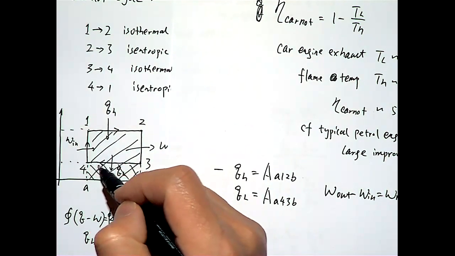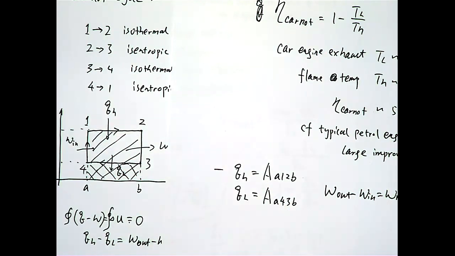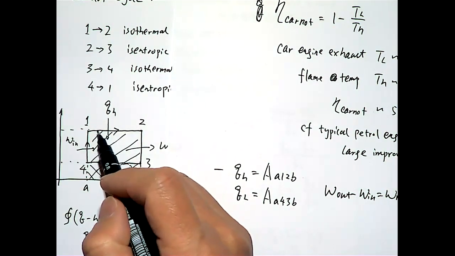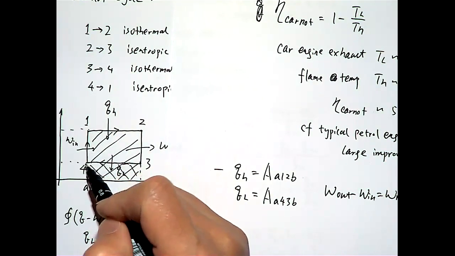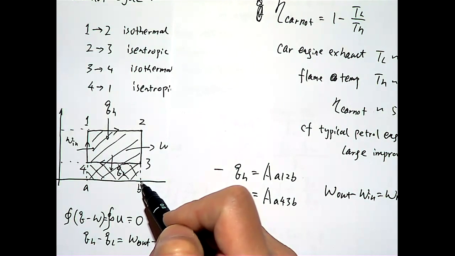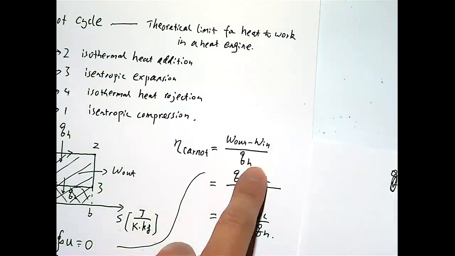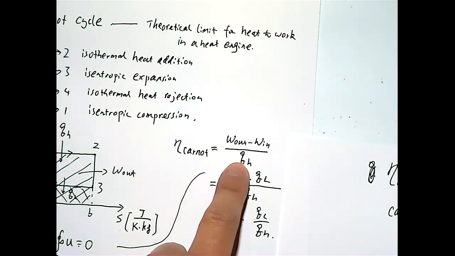So the ratio of the area 1, 2, 3, 4 to the total area A, 1, 2, B corresponds to this term.